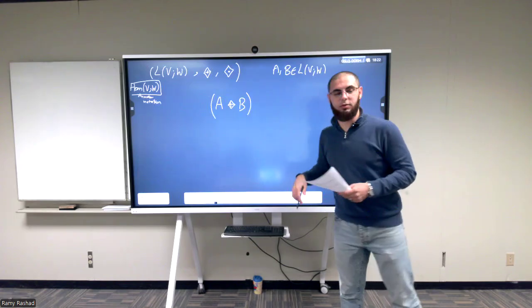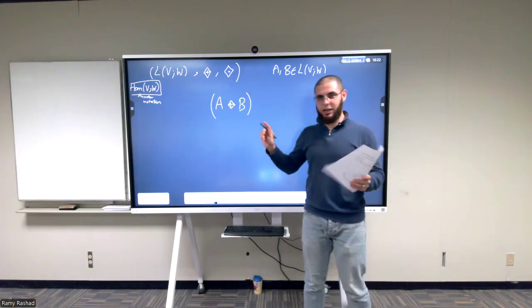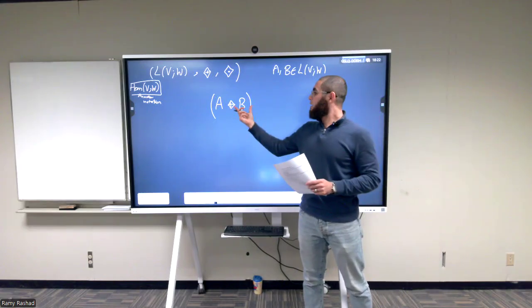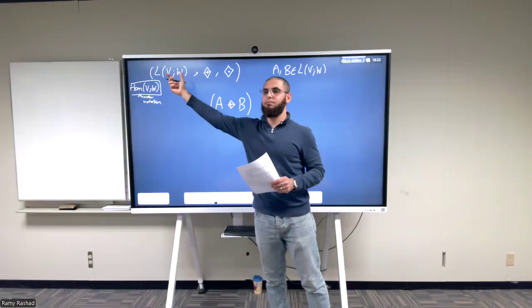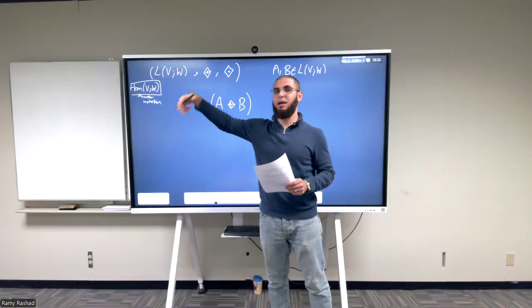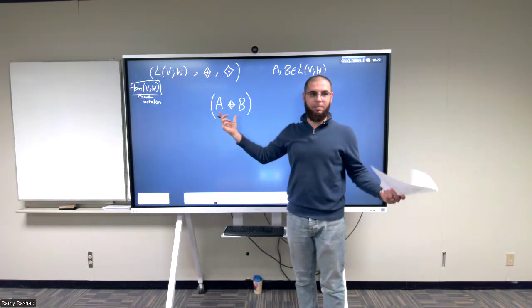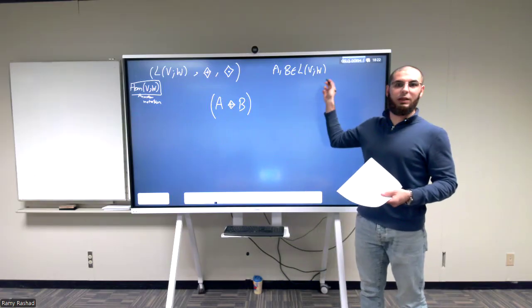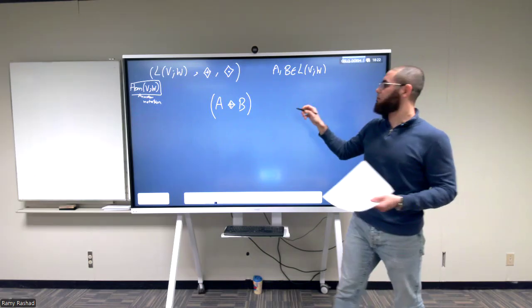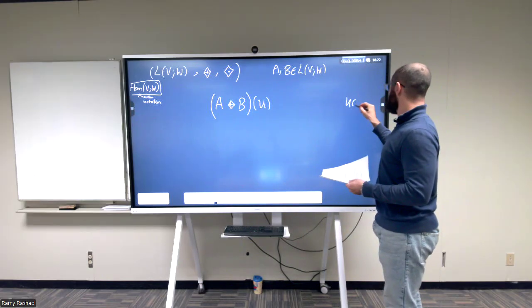Check at home that the operation takes two elements from the vector space and gives me another element in the vector space. So these two together make a new map. And if I have a map, what can it eat?